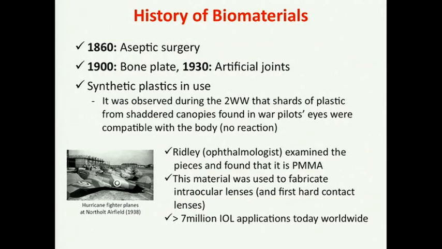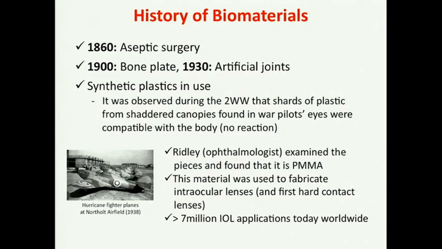By the start of aseptic surgery and all these advances in the medical field in the beginning of the 19th century, biomaterials started to become a scientific area. With the use of synthetic plastics in surgery, the biomaterials field advanced.